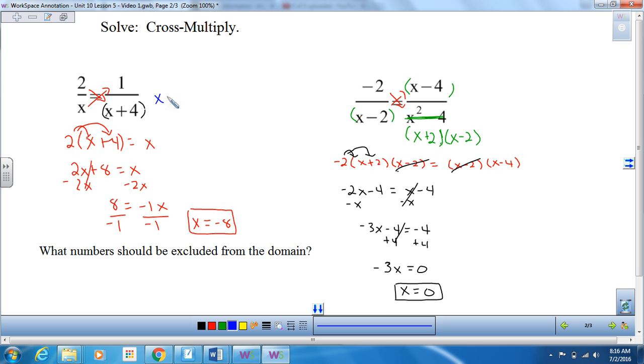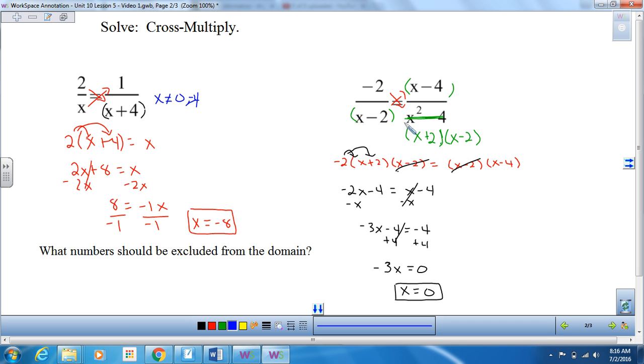So x cannot equal 0 here, or negative 4 here, because that would give me a 0 for this one. Since my answer was not 0 or negative 4, this answer is fine.